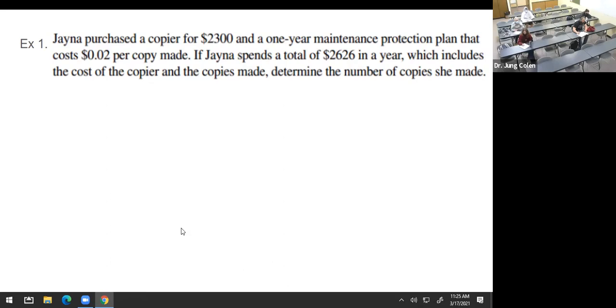She purchased a copier, paying $2,300, and she also has to pay 2 cents per copy. And this year, she paid $2,626, including the copier and the copies, right? What you need to determine is how many copies she made.